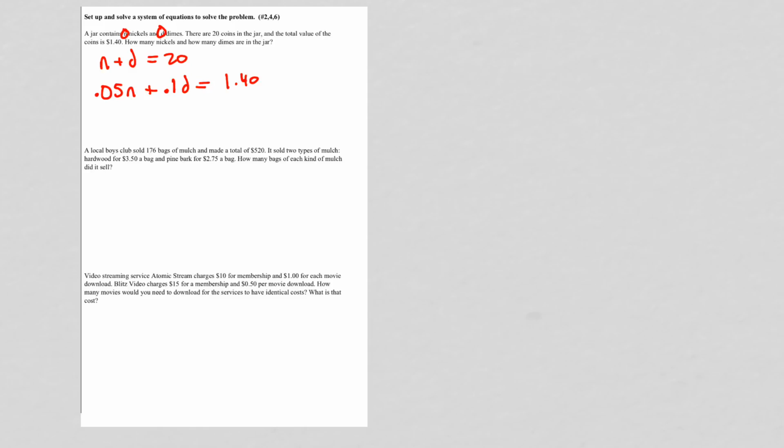So if we have 176 bags of mulch, and we're going to say one is mulch that's hardwood, H for hardwood, and P for pine bark, basically however many H you have and however many P you have is equal to 176, right? The information is here.